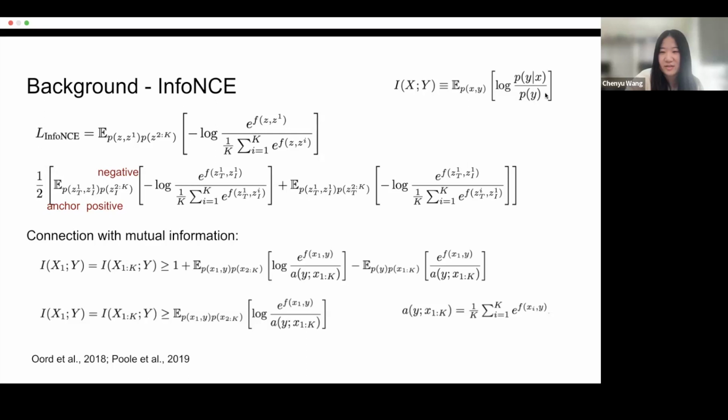And for the marginal probability in the denominator, the corresponding variational distribution is the sum of all the negative similarities. So it is actually using the average as an approximation of the marginalization. In this way, we can show that the InfoNCE loss is a lower bound of the mutual information.